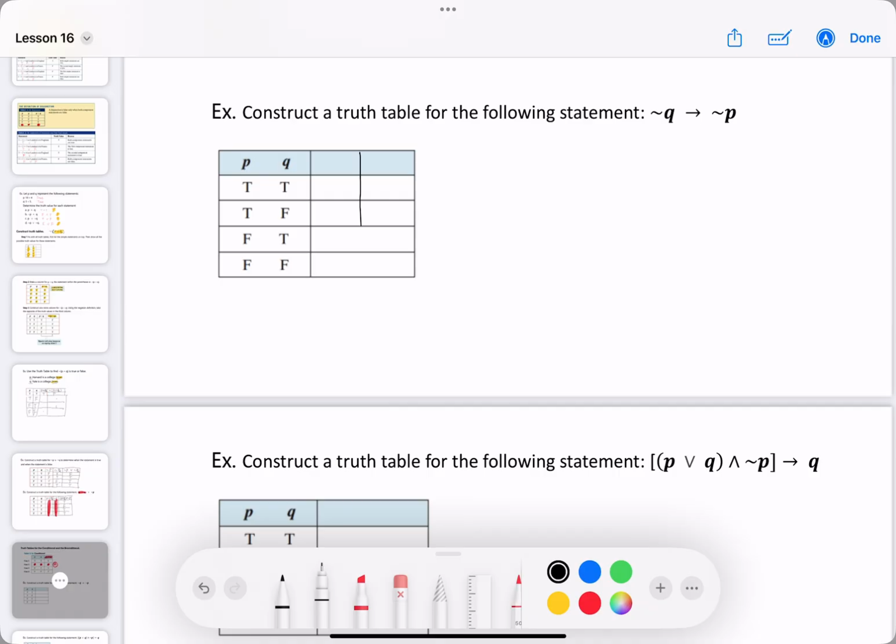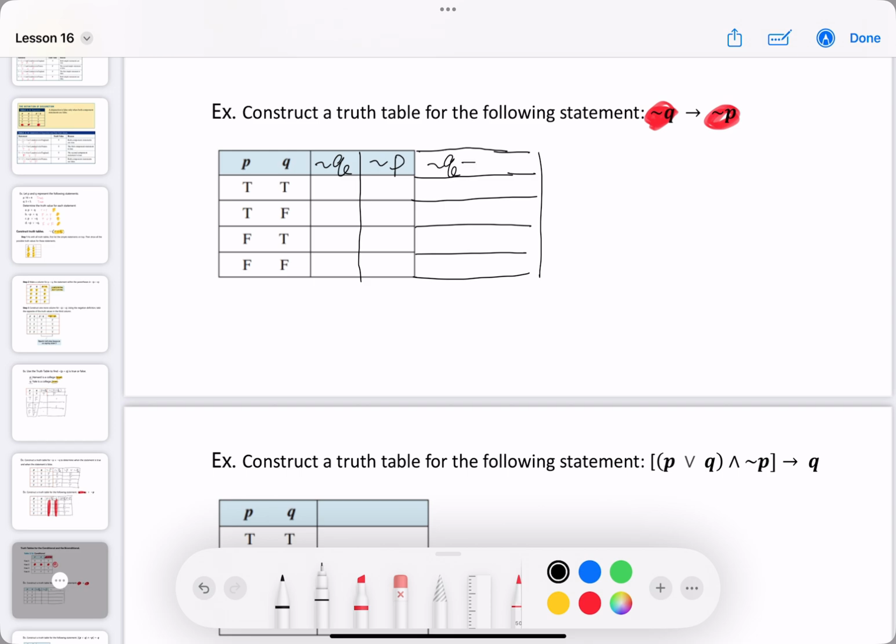And now I'm going to have not Q, not P, because here you have not Q, not P. And the last column, we are going to have the conditional statement: if it's not Q, then it is not P.